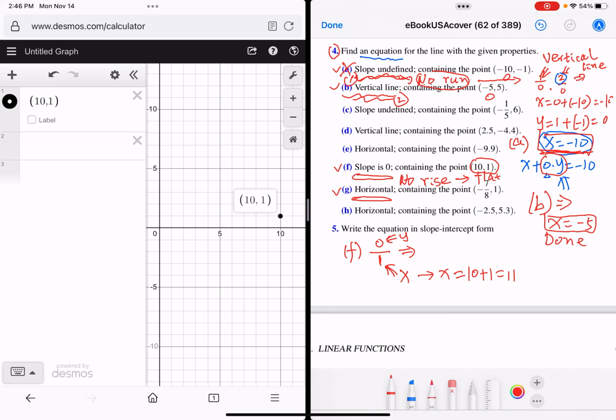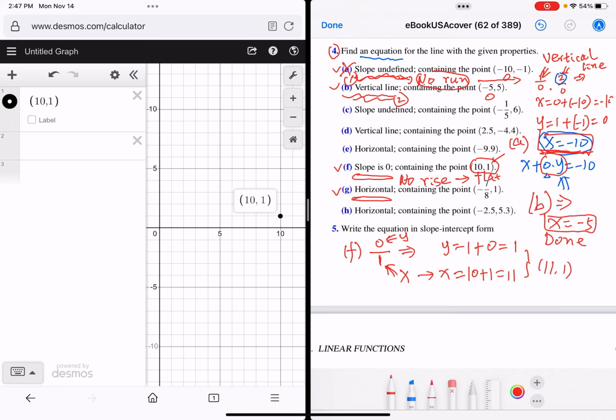And y was 1, and then add 0, so you have 1. So the point is (11, 1).